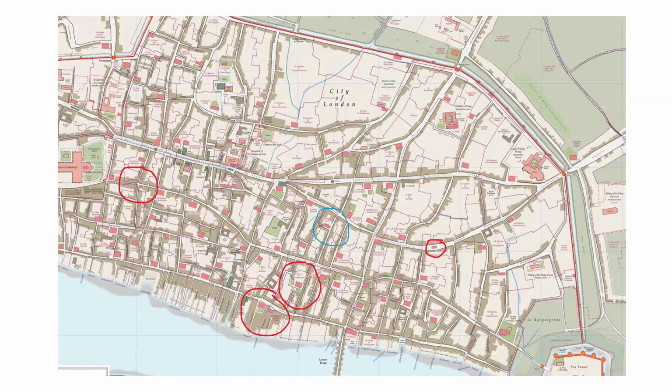The parish churches remained largely on their first foundations, St Stephen Walbrook, circled in blue in the middle, being a notable exception. Plans and layouts may have changed over time, especially in the flurry of church rebuilding and enlargement in the later Middle Ages, when many of them gained new aisles, towers, or extensions.